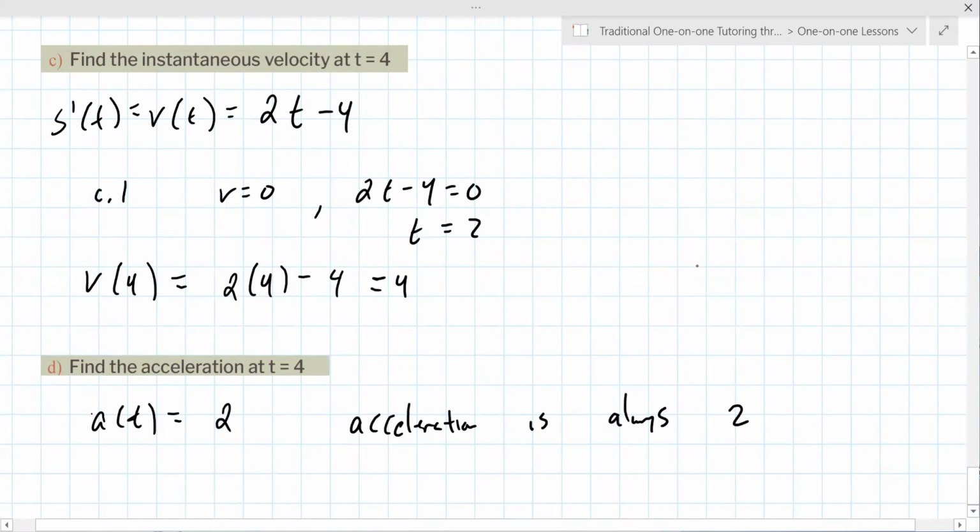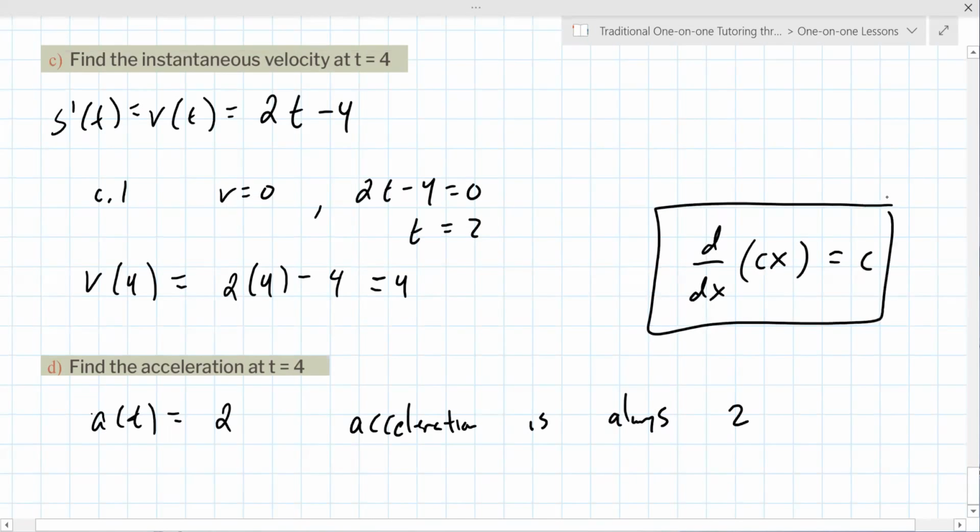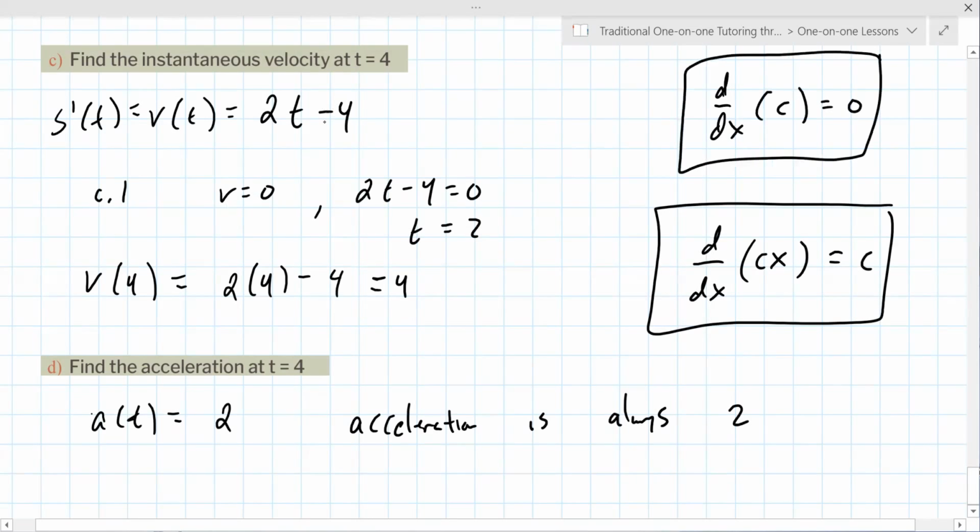They can write it this way: d dx of cx always equals c. And d dx of a constant always equals 0, which is why the second term is 0. That means acceleration is always 2, meaning it's always accelerating, which is ridiculous, but that's what this problem says. Wait, so which one would be 0? The second term, the derivative of minus 4. Oh, okay, I see.